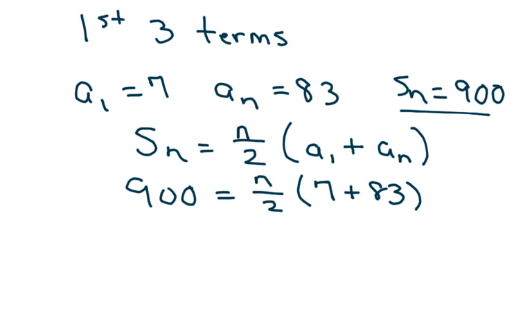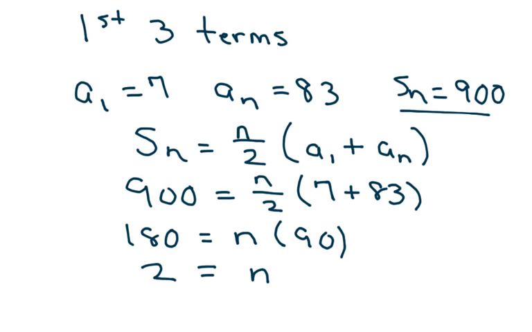Now, what I'm going to do right away is just multiply through by 2. So I get 1800 equals n times 7 plus 83, this is 90. So n equals 20.